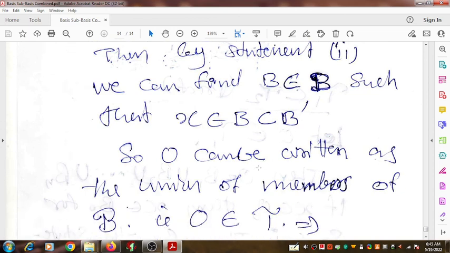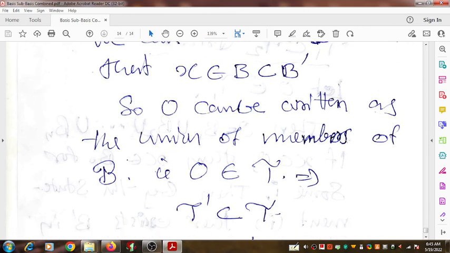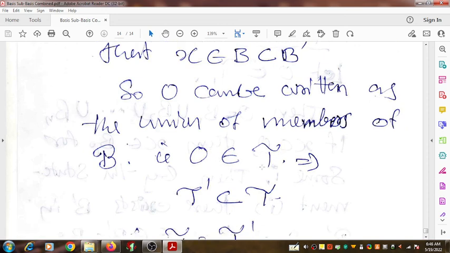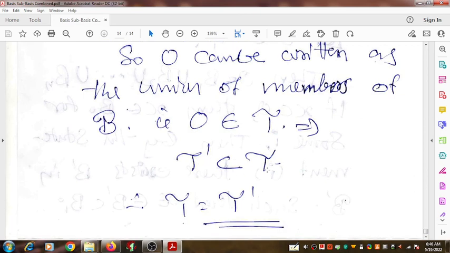And so O can be written as the union of members of script B. It's clear, and therefore O is an element of tau. Finally, we get that O is a member of tau, and therefore tau prime is a subset of tau.